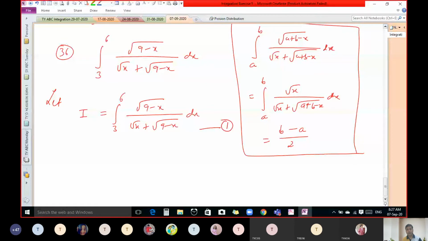Now use the property. In place of x, you can write lower limit plus upper limit minus x.